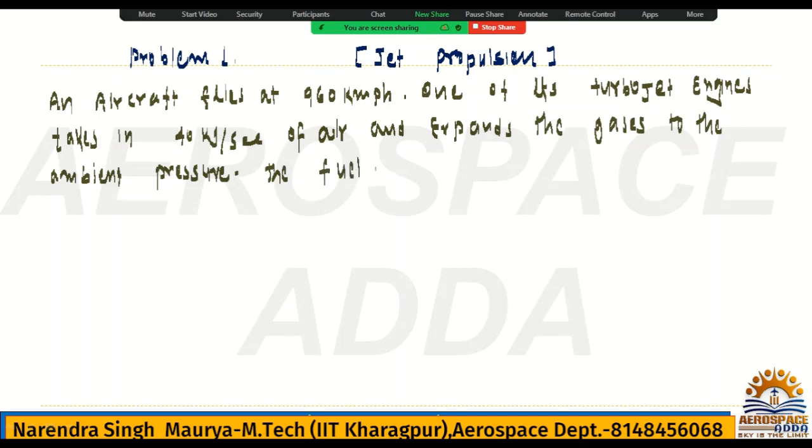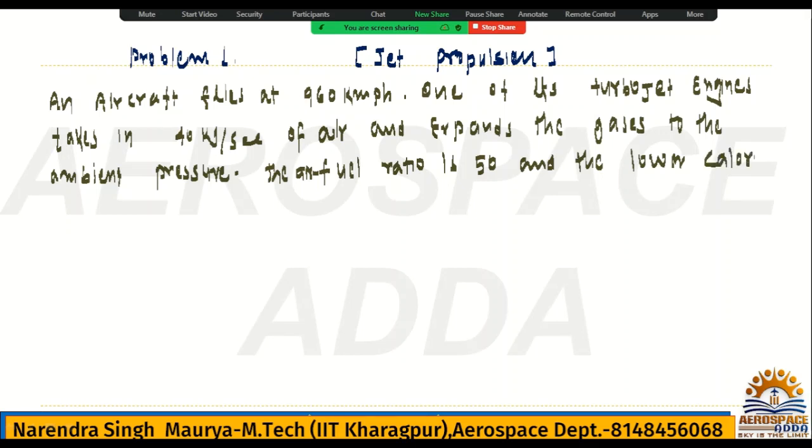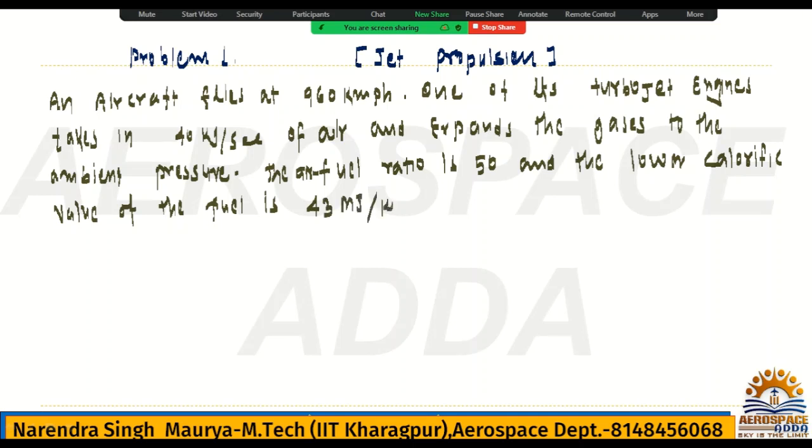The air fuel ratio is 50 and the lower calorific value of the fuel is 43 megajoule per kg.